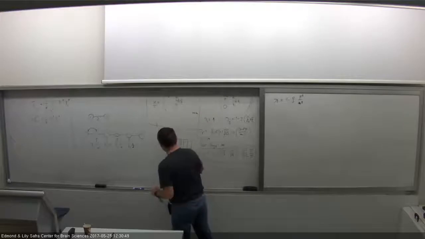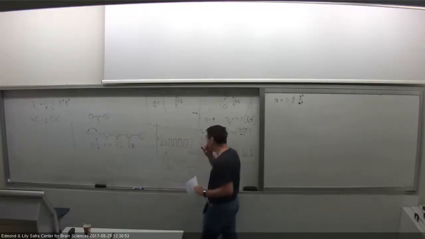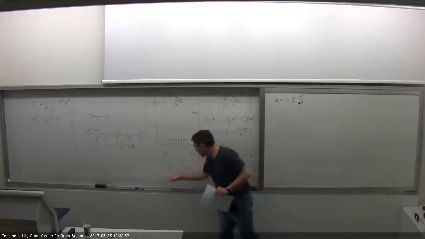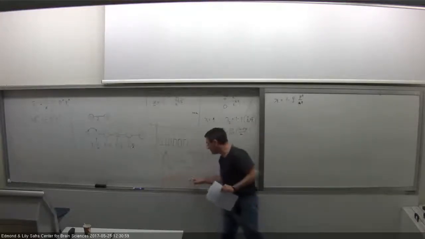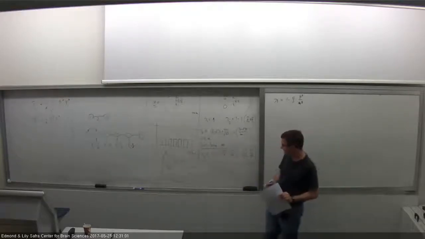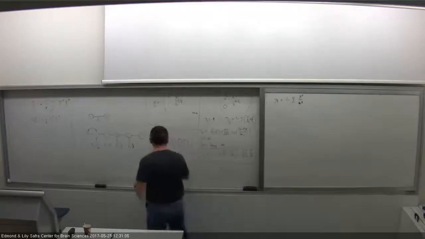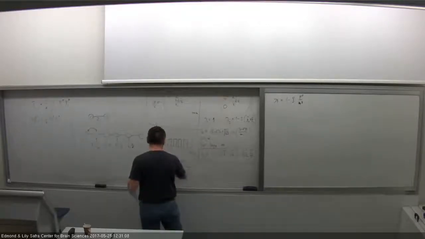So the distribution of all synapses that were potentiated immediately after potentiation would look something like this, and the distribution of all synapses that were depressed would look something like this. Other way around, sorry. Actually, it would be easier just to change this. So this would be depressed, and this would be potentiated.